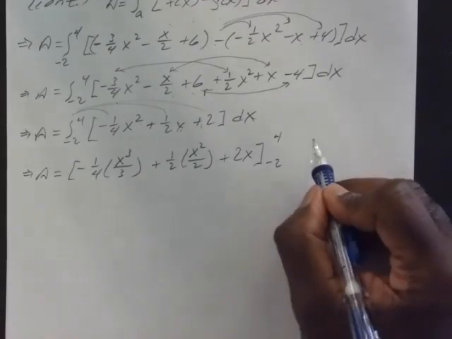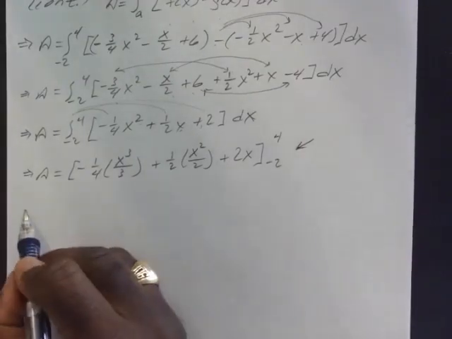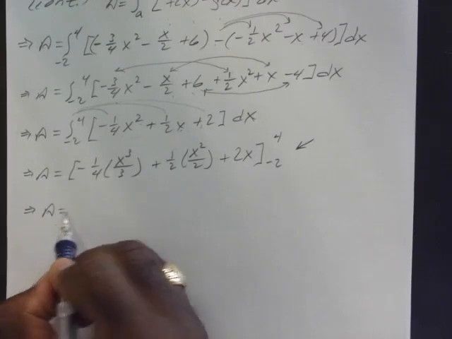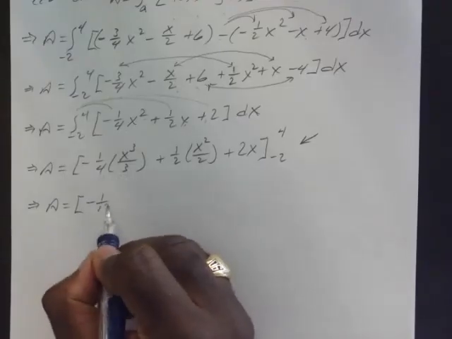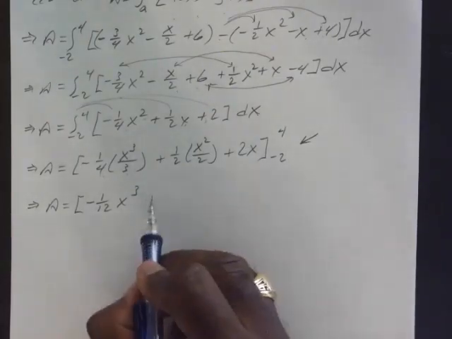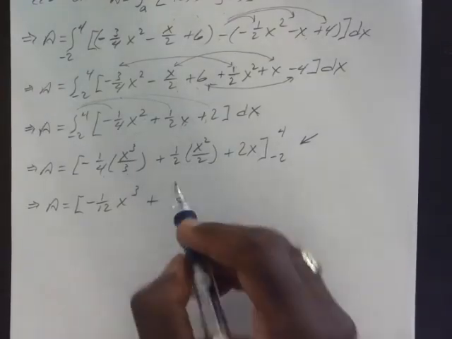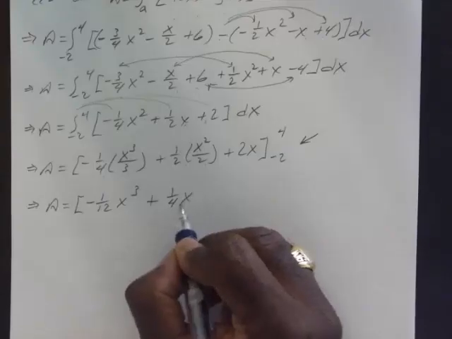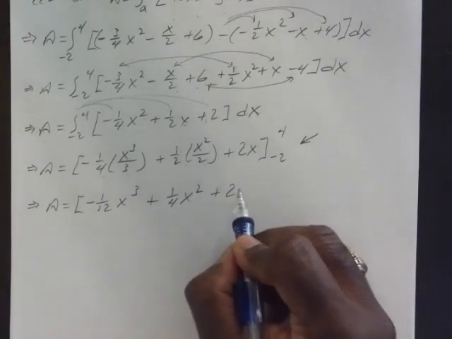All right, so all we have to do now is apply the fundamental theorem after we simplify it. I'll do that first. So negative 1/4 times 1/3, that's negative 1/12 x to the 3rd, plus 1/4 x squared, plus 2x.